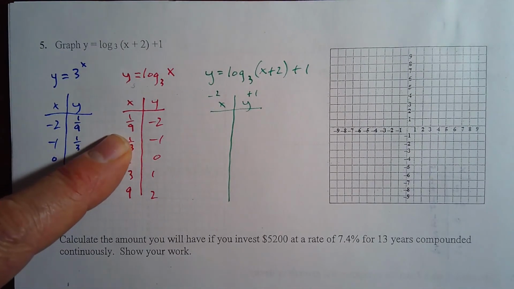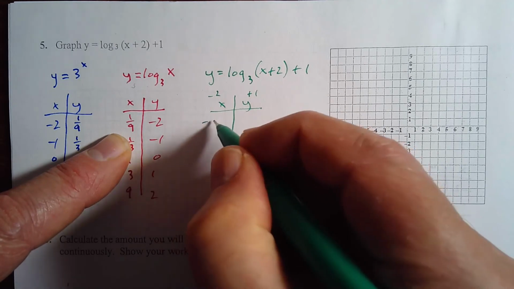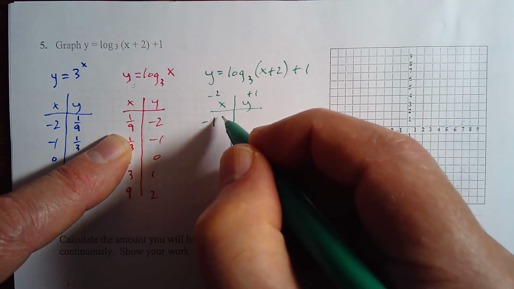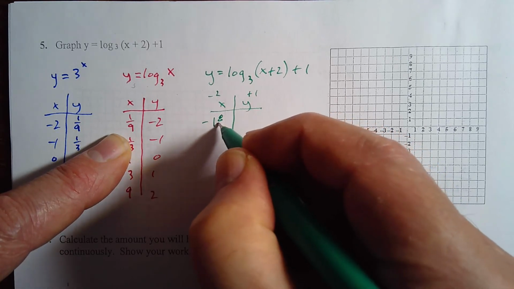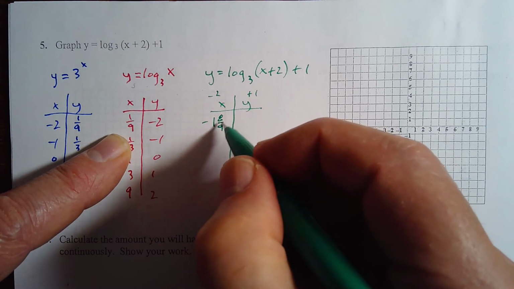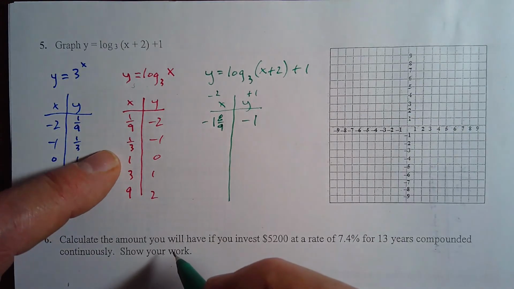So if I subtract 2 from 1/9, I get -1 and 8/9. Basically -2, really close. And then if I add 1 to that, I get a -1 for my y.